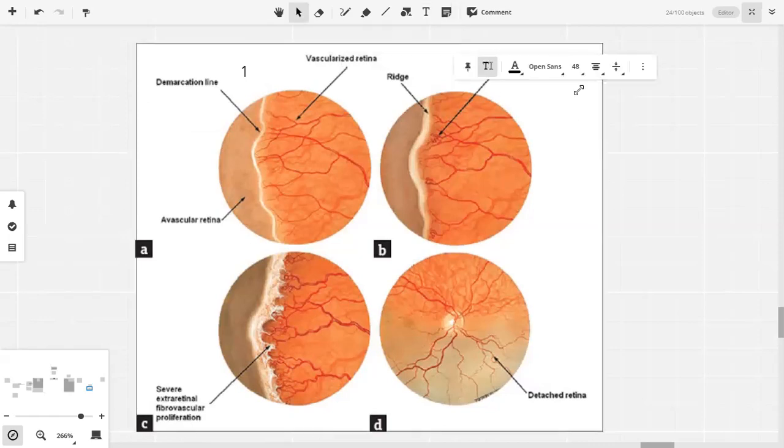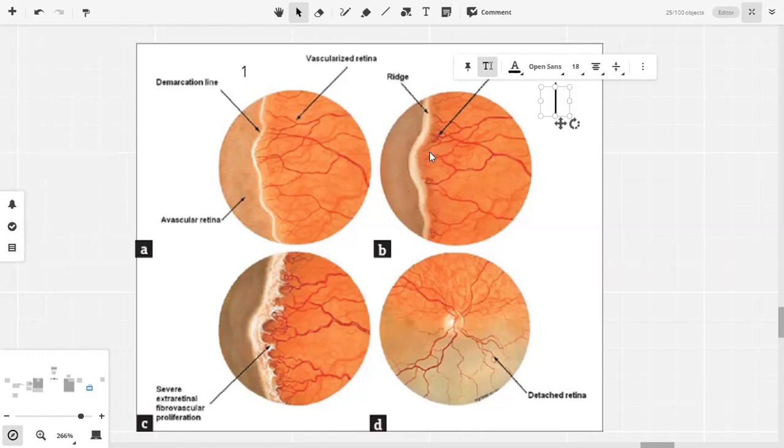Now look at this second picture. In this second picture, what can we see? We can see that this line is transformed into a ridge. Ridge का क्या मतलब है? There is an elevation which was not present in 1. The elevation हमें straight line पे या indirect ophthalmoscopy में काफी अच्छी तरह नजर आ जाती है. Secondly, at the peripheral part of the vascularized retina, new vessels are growing.